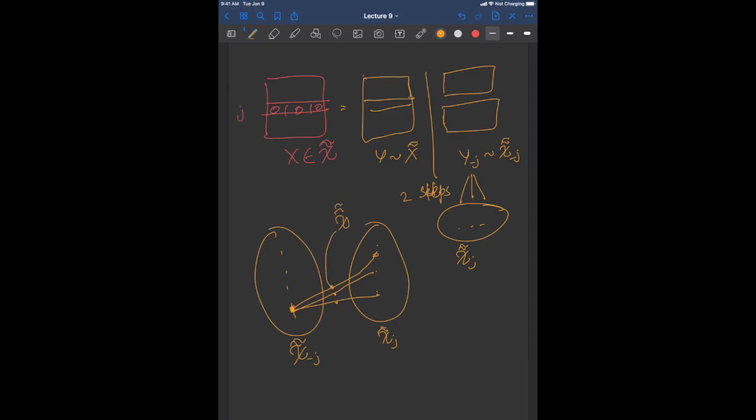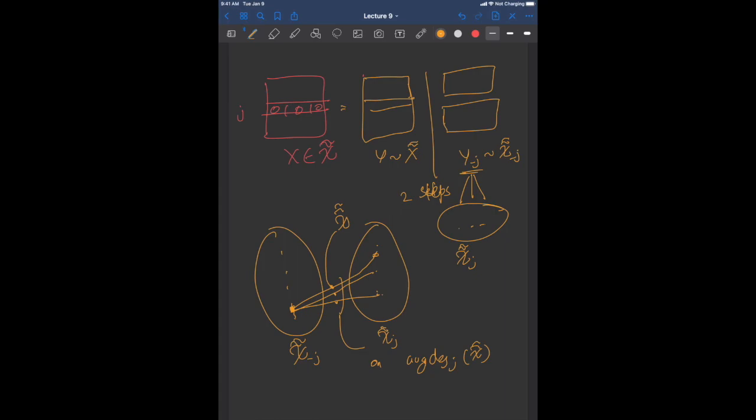Now if you choose a matrix like this, on average a y minus j has average degree j of x tilde. So it has that many possible extensions into the jth row.